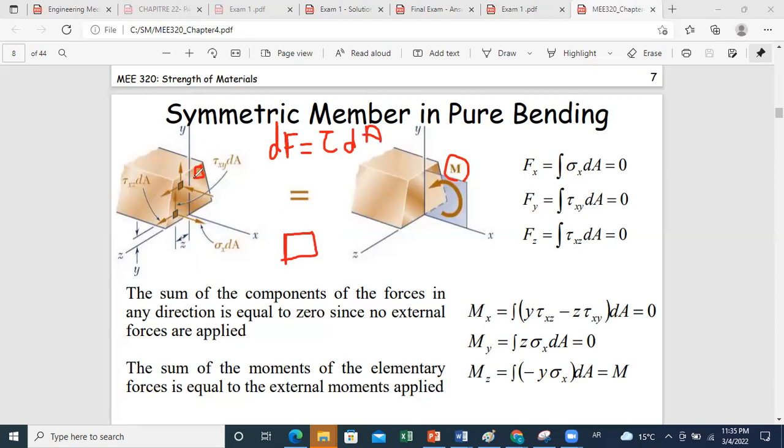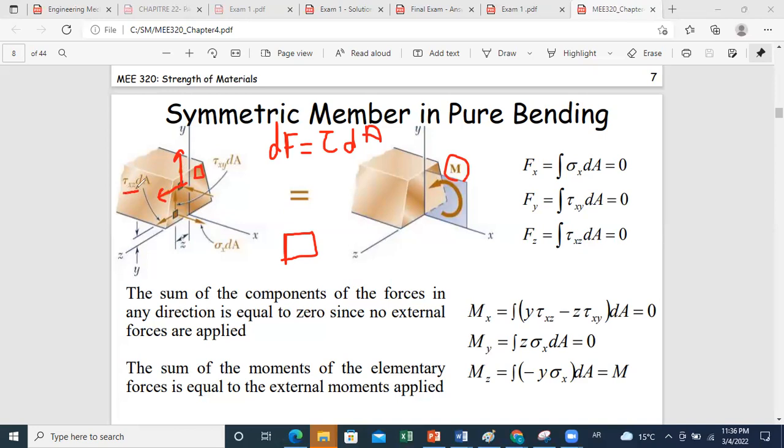Shear by definition is a force parallel to the section. In this 3D application, whenever I take a certain elementary area, I can have the development of shear stress parallel to Z, and shear stress parallel to Y. And you know already that to refer to a certain shear, I can use two subscripts.